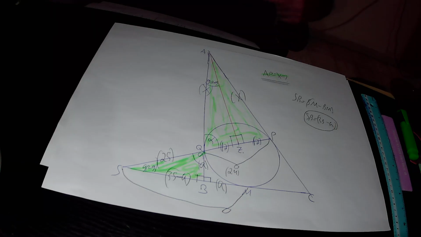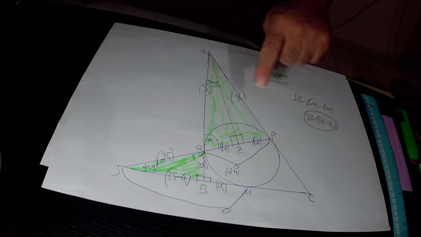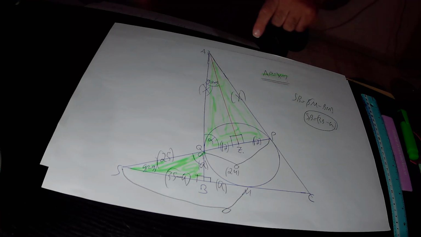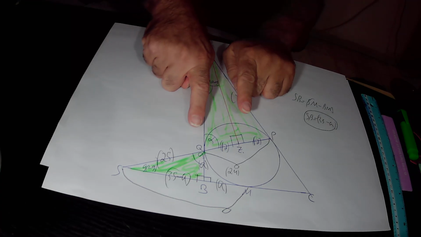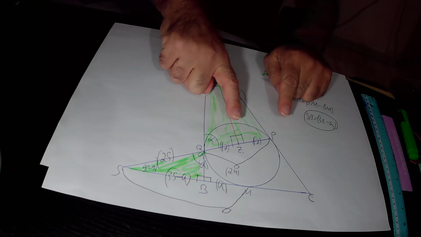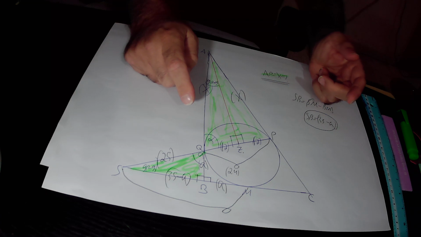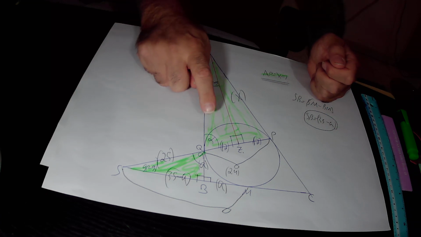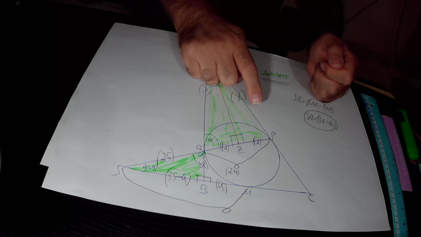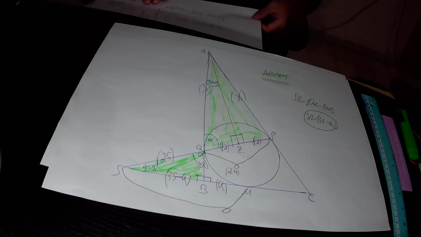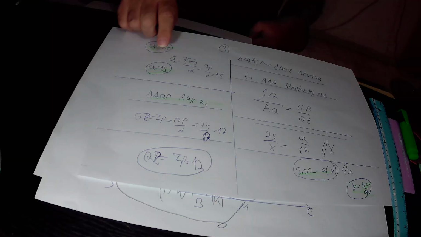Now, because in our drawing we have the isosceles triangle AQP, the perpendicular AZ bisects the base QP. The first half is QZ, it is of course equal to the second half ZP, and each half equals QP over 2. So QZ equals ZP equals QP over 2 according to Rule 21.